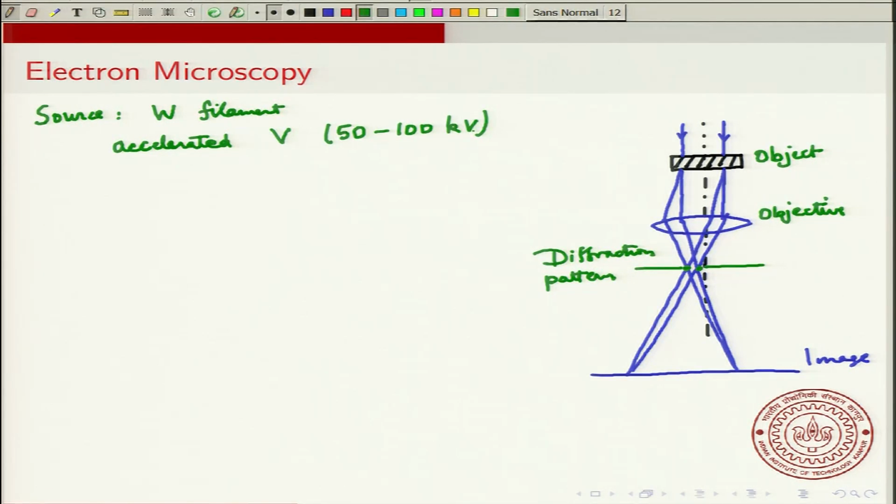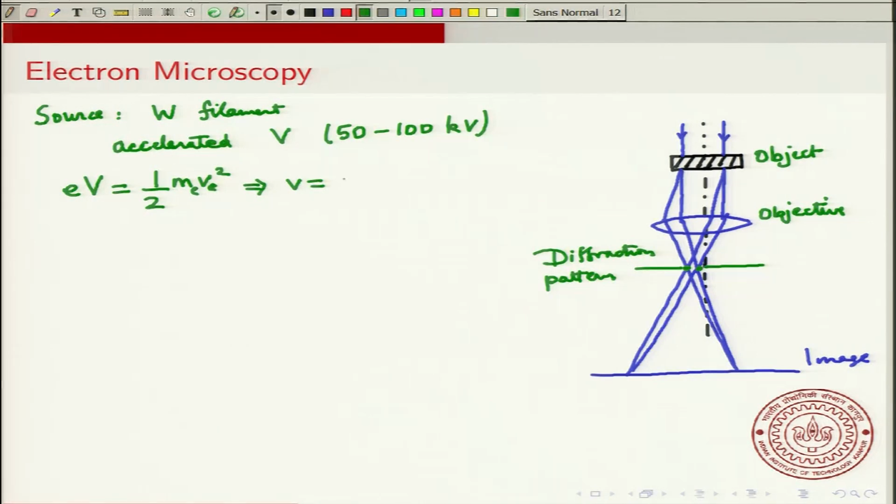And when you have this, you can write an expression that eV equals half m v squared. v_e is the velocity of the electron, m_e is the mass of the electron. So, this is the accelerating voltage times the electronic charge, that is equal to the kinetic energy of the electron.